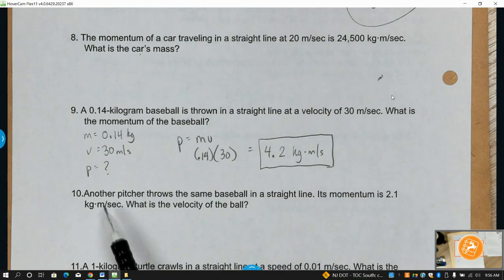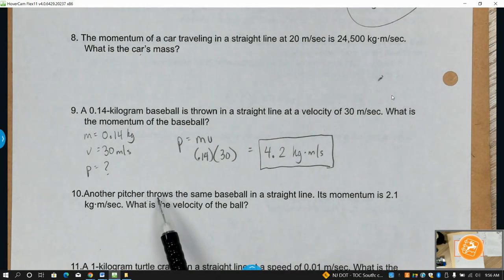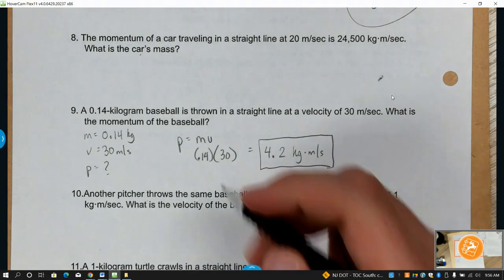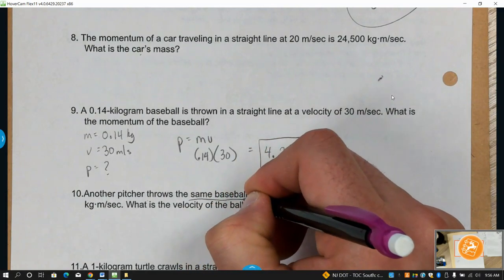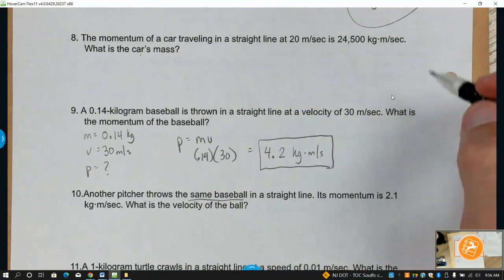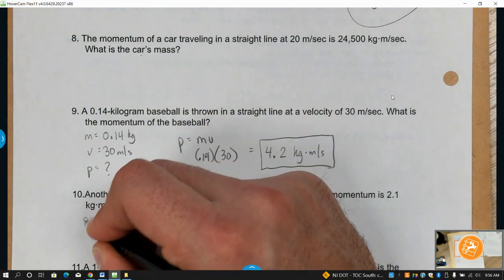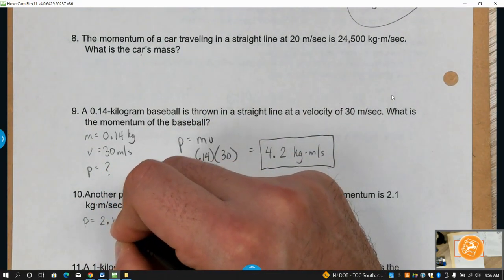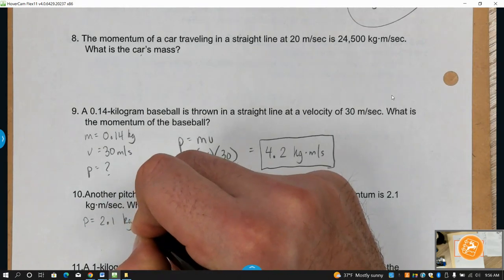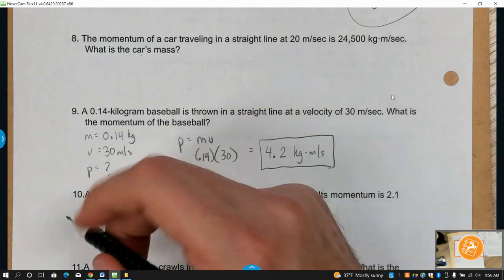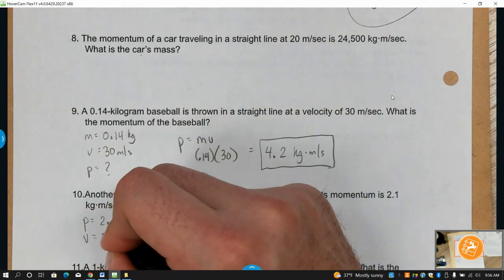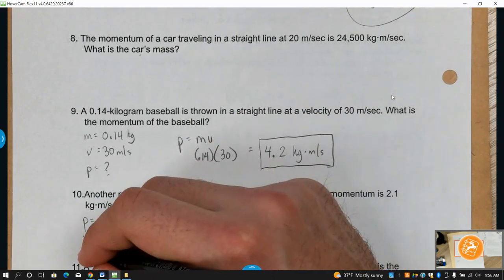Now it says another pitcher throws the same baseball in a straight line, and its momentum is 2.1 kg meters per second. So right now, the only number in the problem that I see is this 2.1. They want velocity, but I don't know what m is.